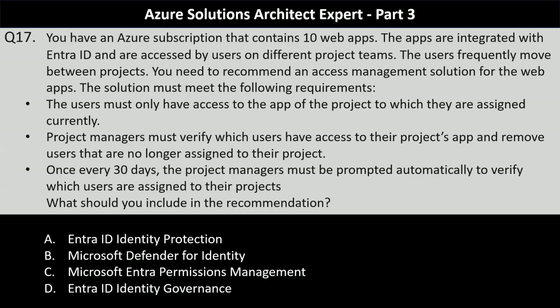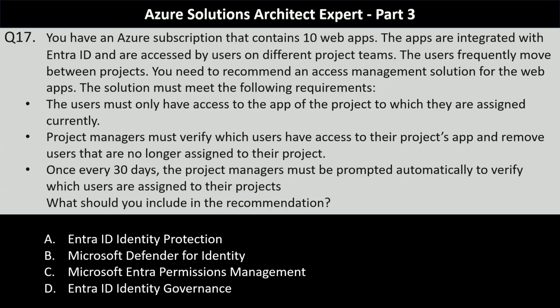Now your requirements are: the users must only have access to the app of the project to which they are assigned currently. Project managers must verify which users have access to their project's app and remove users that are no longer assigned to their project. Once every 30 days, the project managers must be prompted automatically to verify which users are assigned to their projects.